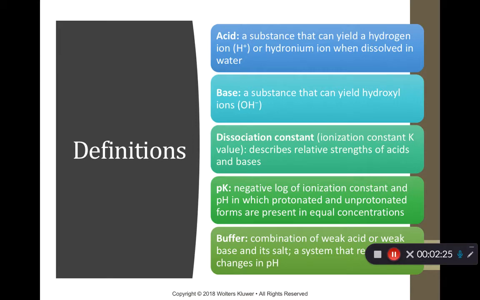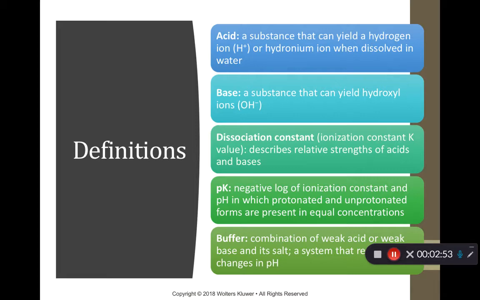A dissociation constant is an ionization constant, K, which describes the relative strengths of acids and bases. pK is the negative log of the ionization constant, and the pH at which protonated and unprotonated forms are present in equal concentrations.